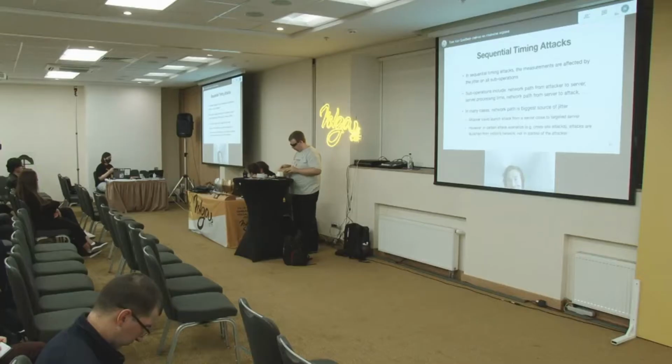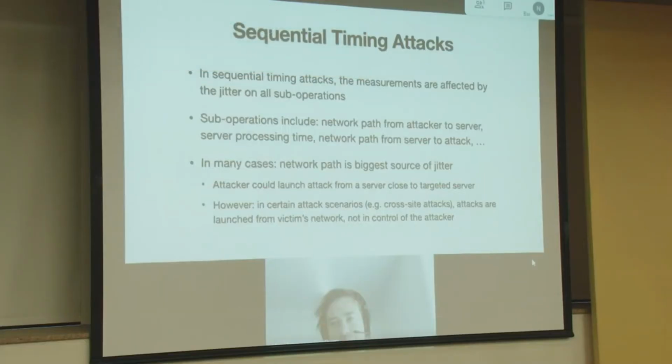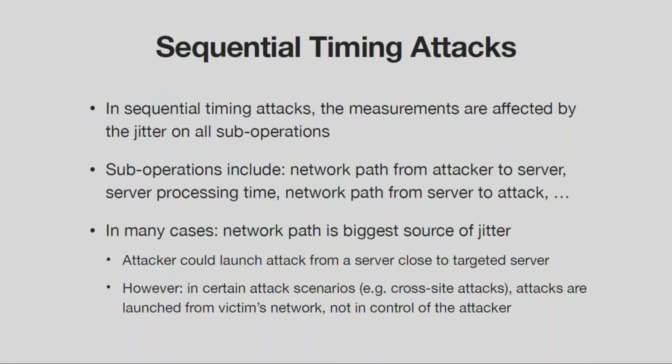Here the measurements are affected by jitter on all the sub-operations. These sub-operations include the network path, the path over the internet from the attacker to the server, then the jitter of the processing time at the server, and then also the network path back from the server to the attacker.